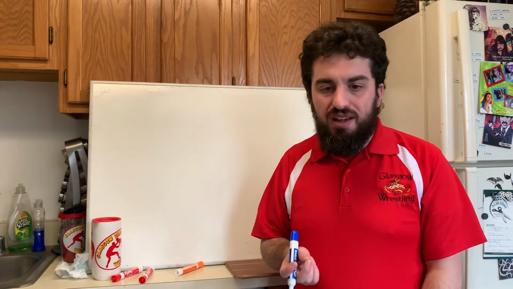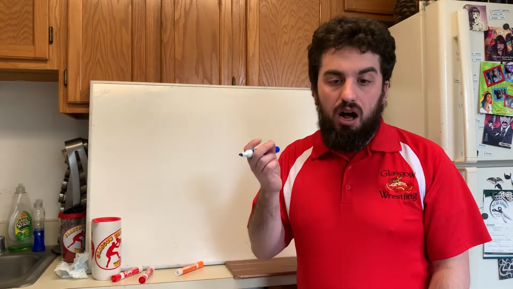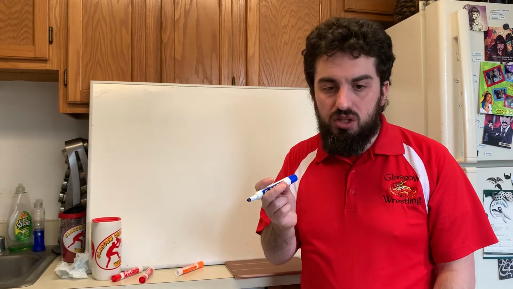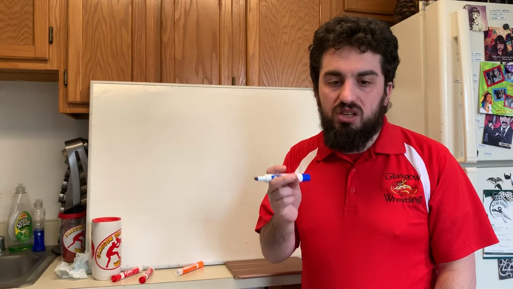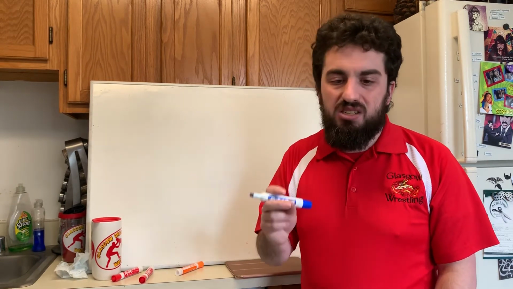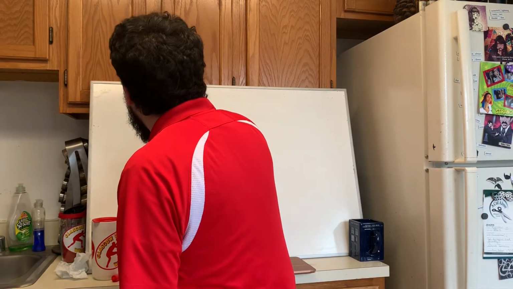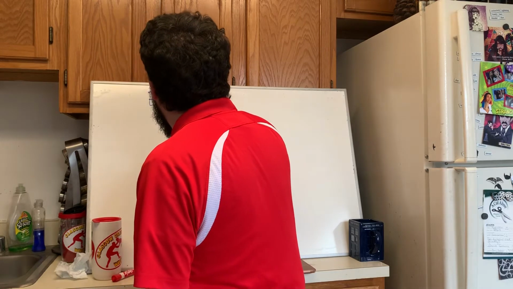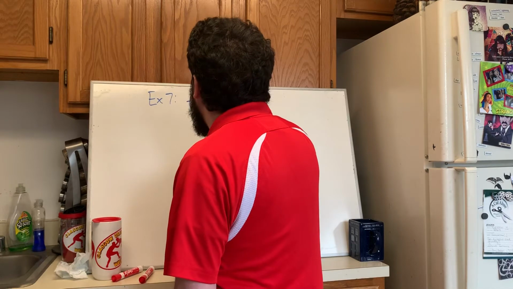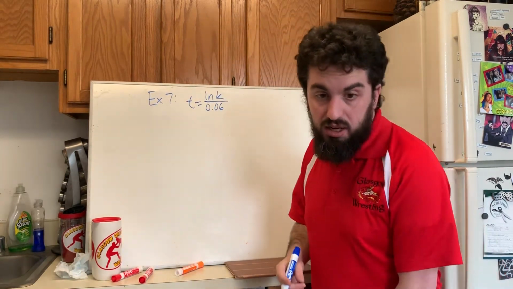So example 7 says, a principal P invested at 6% interest and compounded continuously increases to an amount of K times the original principal after T years, where T is equal to the ln of K divided by the interest rate of 6%.